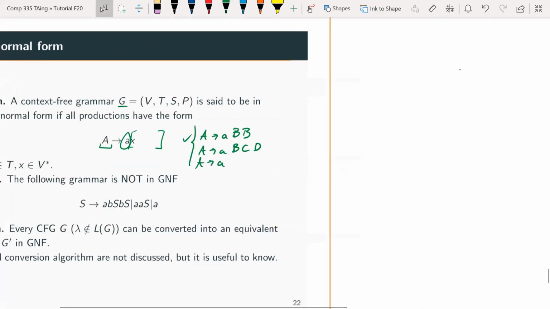Some examples of non-valid Greibach normal form production rules would be something like A gives you B. This is not valid because there is no terminal at the beginning. Or something like A gives you B B A, where there is a terminal missing at the start. There's an infinite number of production rules that won't work, but those are just a few.